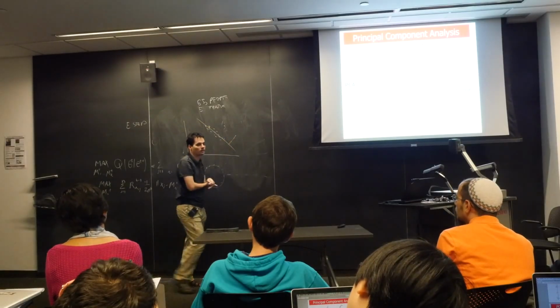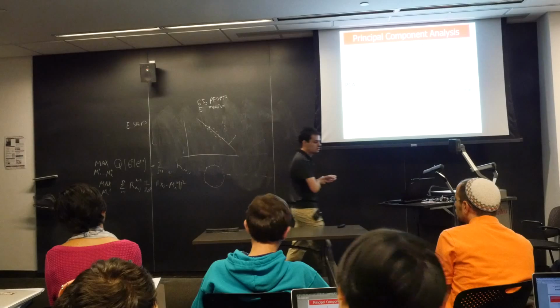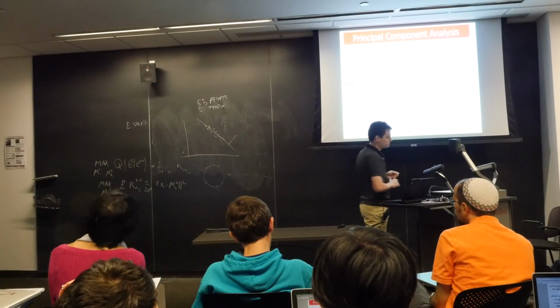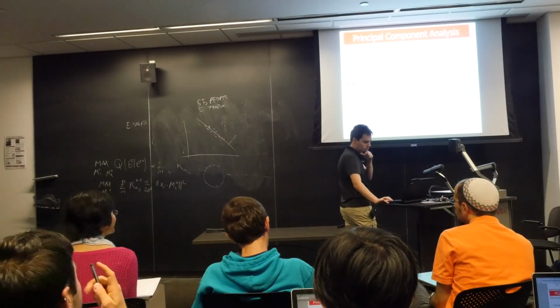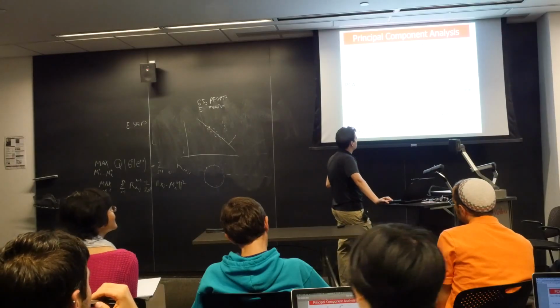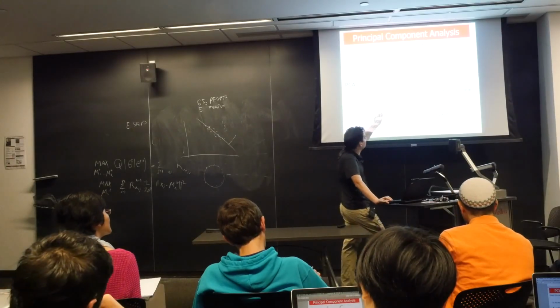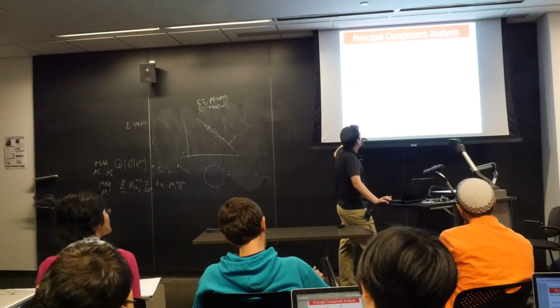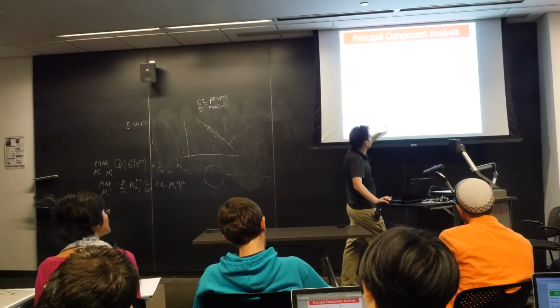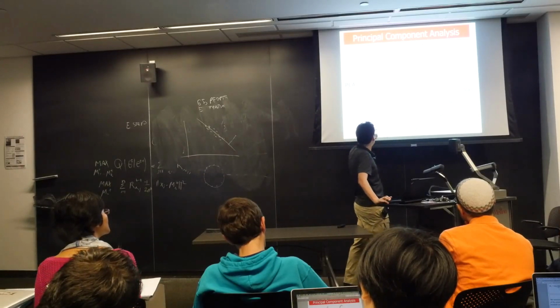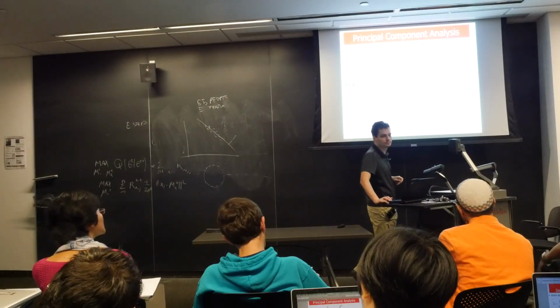These are equivalent goals. Either I maximize the variance of the projected data, or equivalently I minimize the mean square distance between the data points and the projections.